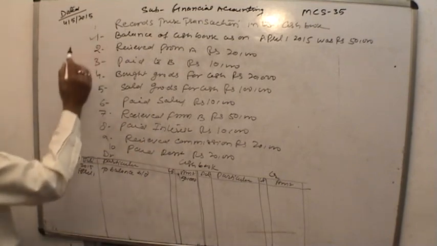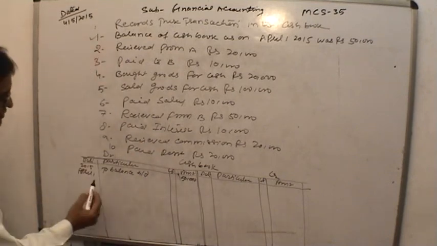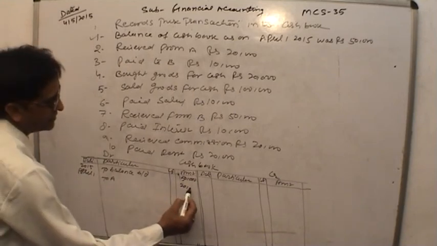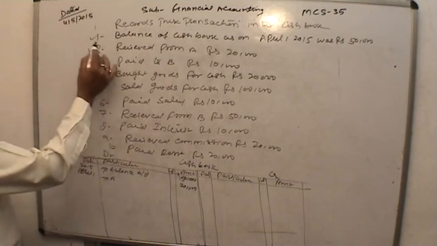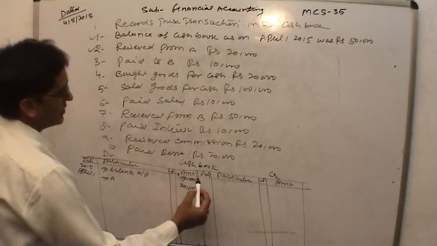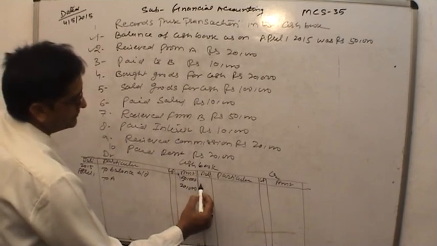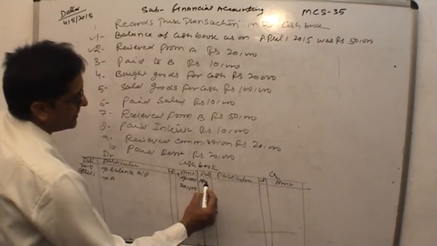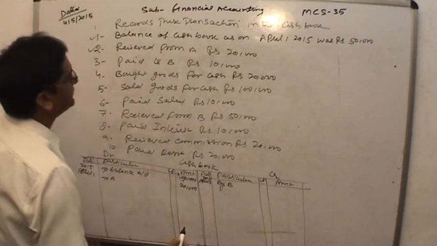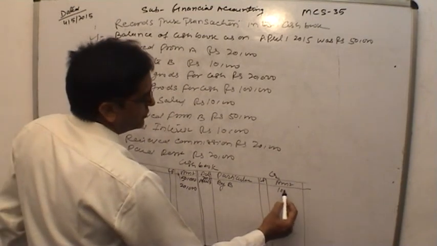Then second transaction, received from A rupees 20,000, to A 20,000. Then paid to B rupees 10,000, April 3, 2015 by B 10,000.